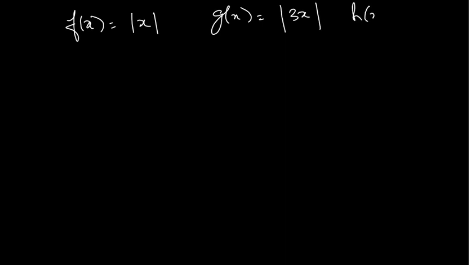so this is the general overview of the absolute functions, and as I said, if you go ahead with the translations, transformations and all the things, that makes the whole story. Okay, now let us look at f of x equal to mod x, g of x equal to mod 3x, and h of x equal to x by 3.